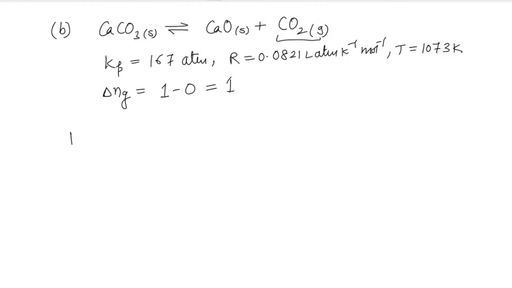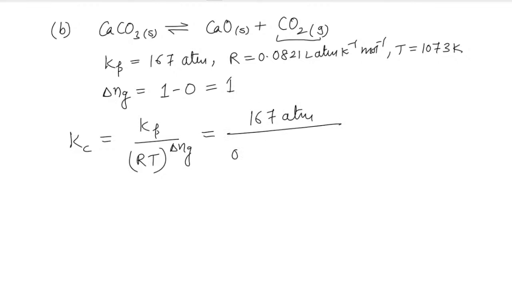Okay. So again Kc equal to Kp divided by RT raised to power delta Ng. And what is Kp? 167 atmosphere divided by 0.0821 liter atmosphere per Kelvin per mole into 1073 Kelvin raised to power 1.